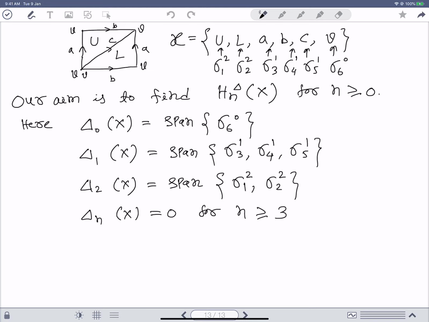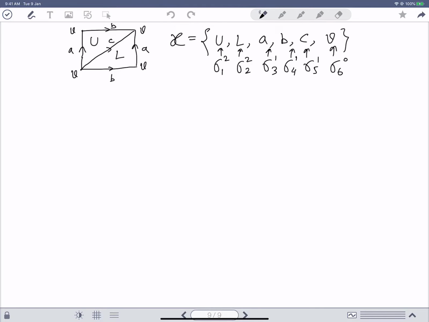Now we need to find the simplicial homology group. So we need to find the kernel of del n and the image of del n plus 1 for all n. First of all we need to find the images of this sigma i.